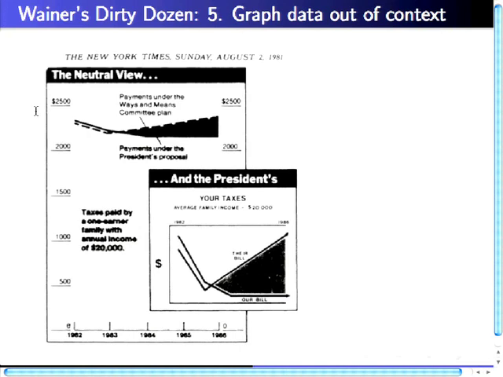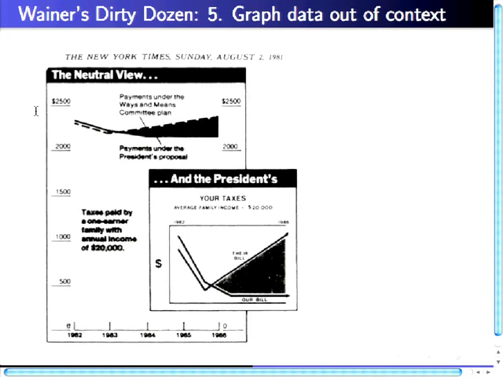The gap between two curves can look really big or really small, depending on if you make it long and narrow or tall and thin. So the New York Times plot lets you see that the actual difference is a couple thousand dollars, which you don't get to see in the president's plot.